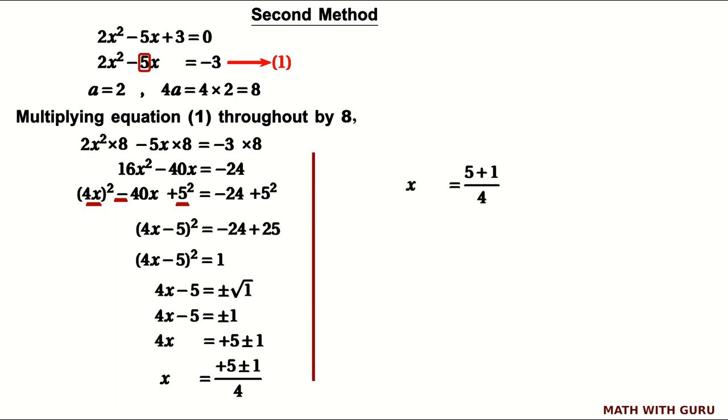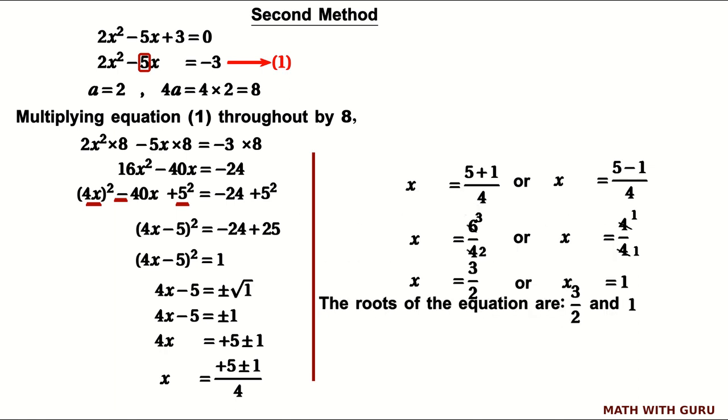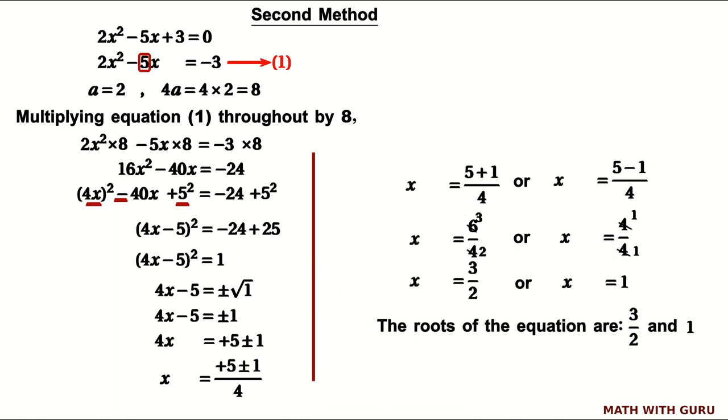Now the two values are 5 plus 1 divided by 4 or 5 minus 1 divided by 4. On simplifying, as before, we get x equals 3 by 2 or x equals 1. The roots are 3 by 2 and 1.